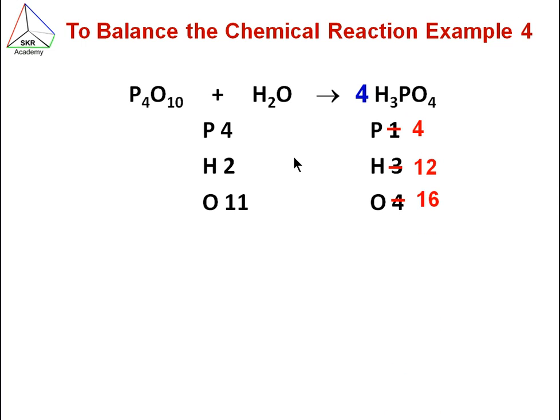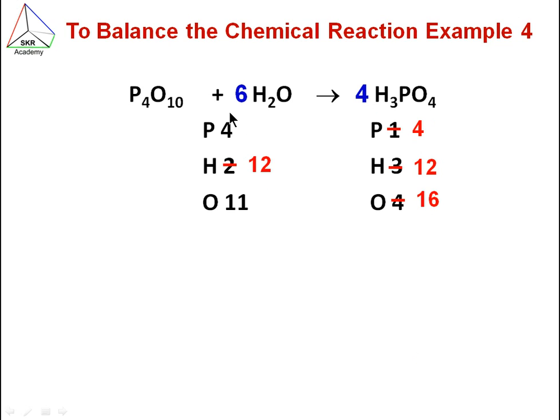We will add a coefficient 6 in front of water, so that the total hydrogen will become 12. And since we added 4 in front of phosphoric acid, the total oxygen becomes 4 multiplied by 4, 16.